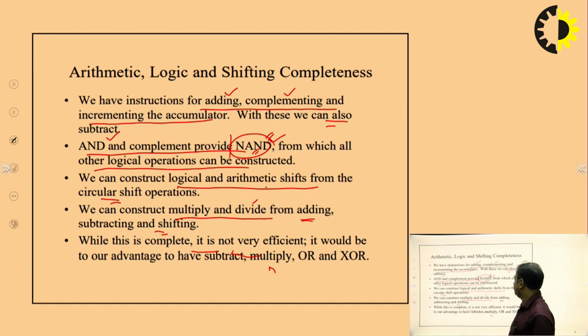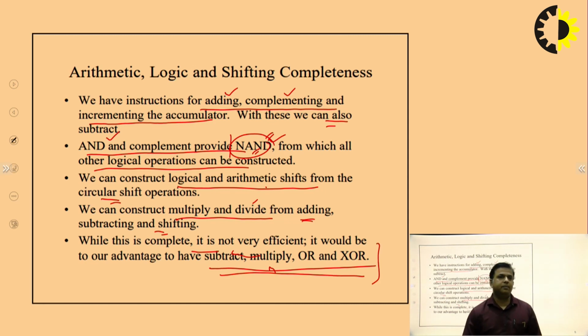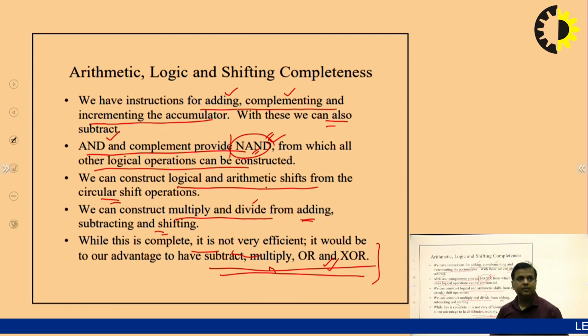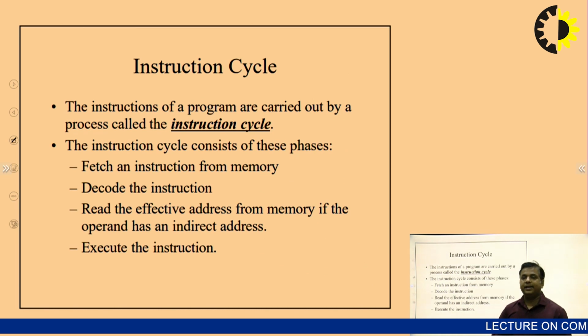It would be to our advantage to have subtract, multiply, or an XOR gate. This will provide some efficiency to our instruction set. But we can have a complete set of instructions just by having a minimum set of instructions, right? So this is the completeness of the instruction set.